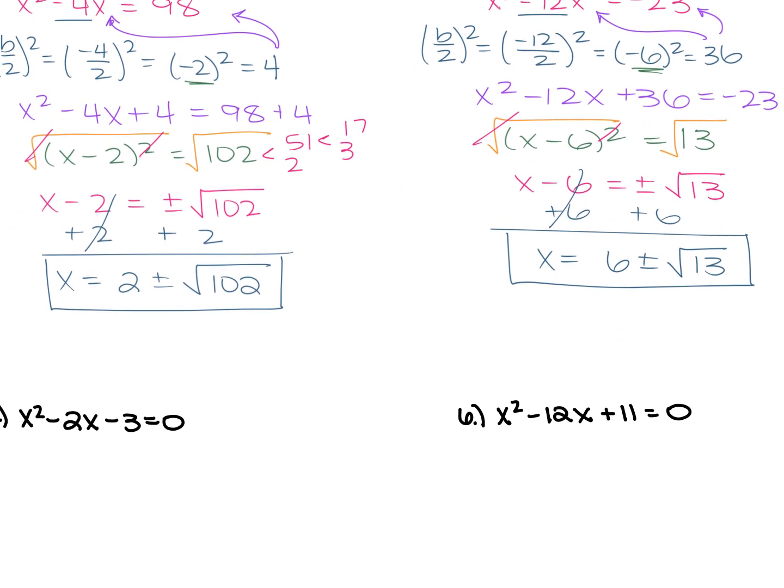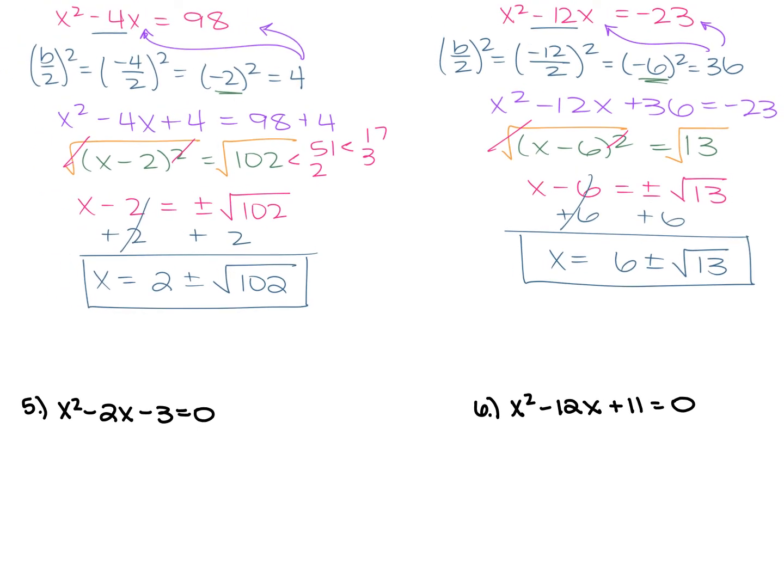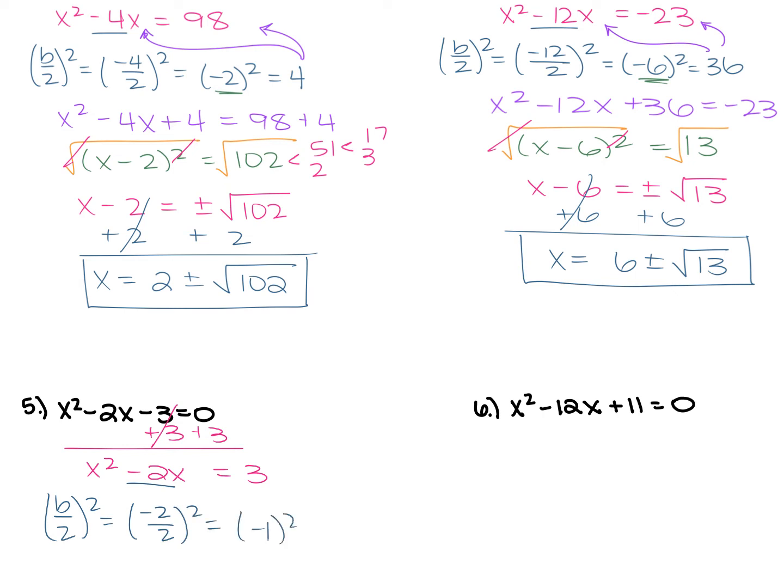For number 5, we have x squared minus 2x minus 3 is equal to 0. We're going to move the 3 over by adding it to both sides first. That's going to give us x squared minus 2x is equal to 3. Our b term is the negative 2, so b over 2 squared is going to be negative 2 over 2 squared, which is negative 1 squared, which is 1.